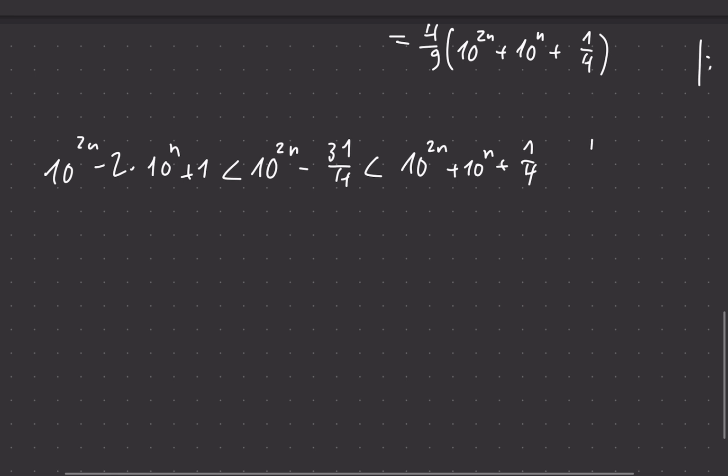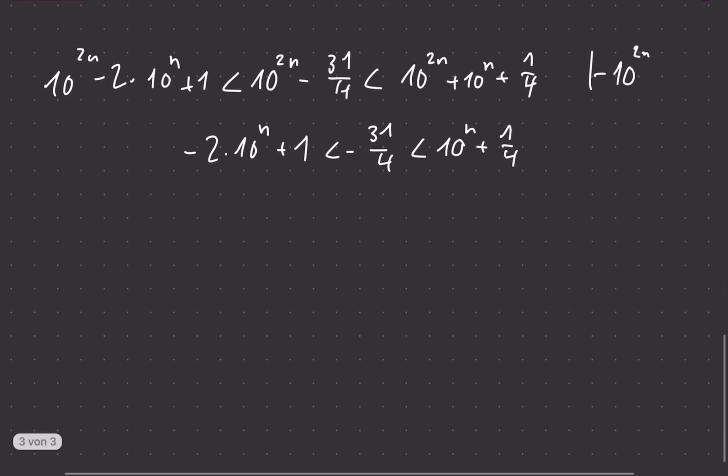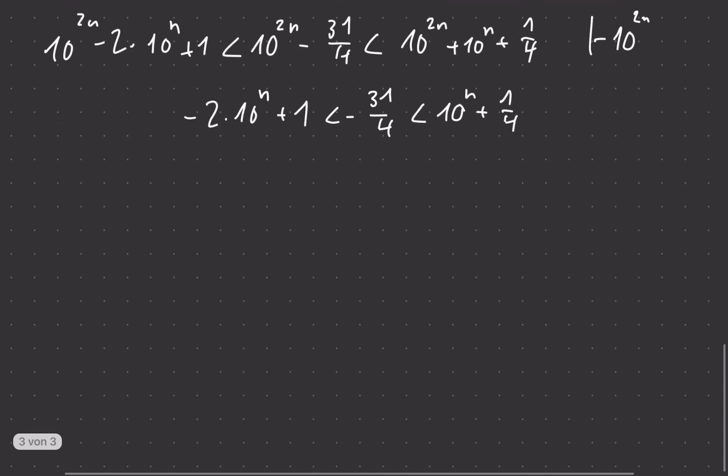Alright, now we can just subtract 10 to the 2n, and then we can already see that this inequality is making sense. So let's check if this holds true. So we have minus 2 times 10 to the n plus 1 smaller than minus 31/4, which is smaller than 10 to the n plus 1/4.